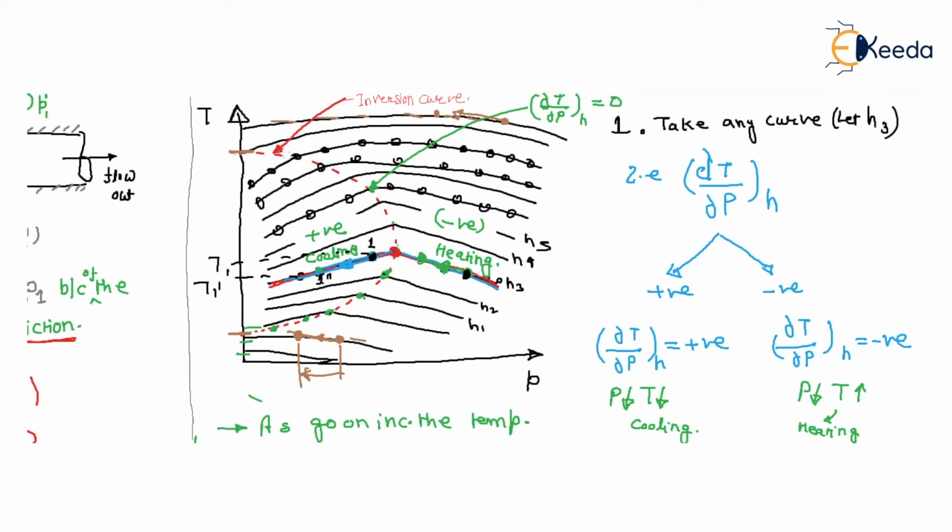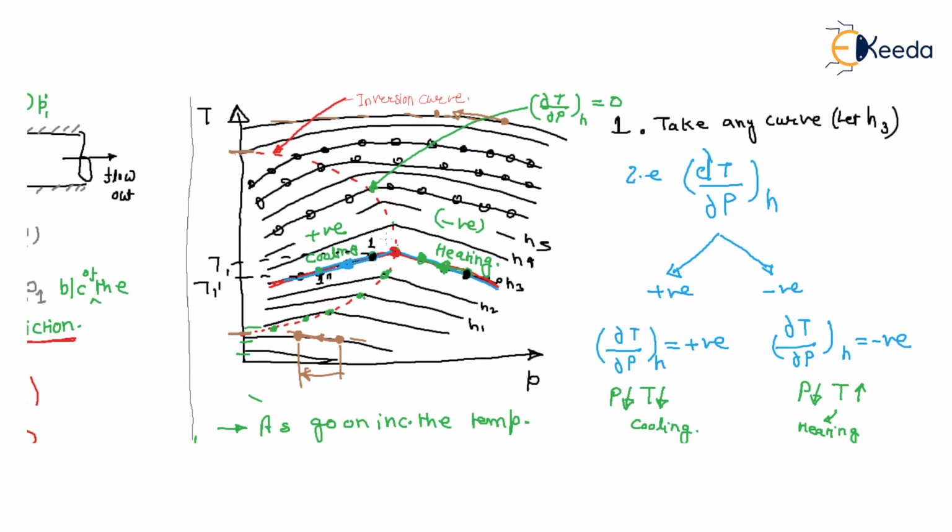How can you develop the inversion curve? It is the locus at which, at the maximum temperature, the slope at that point must be zero at a given enthalpy. Number first, and draw a locus.